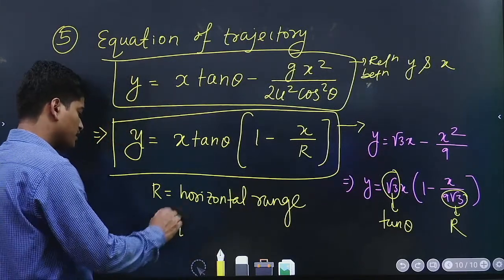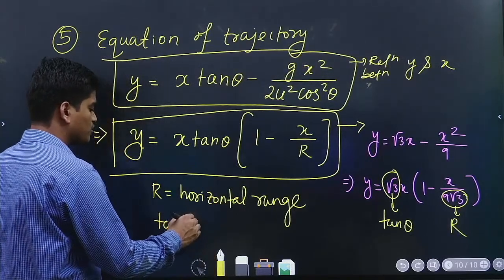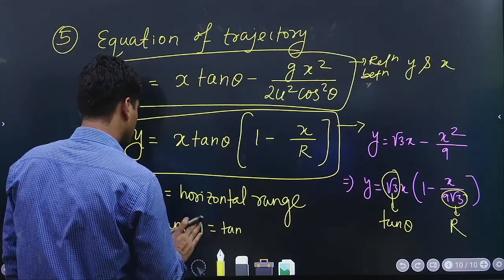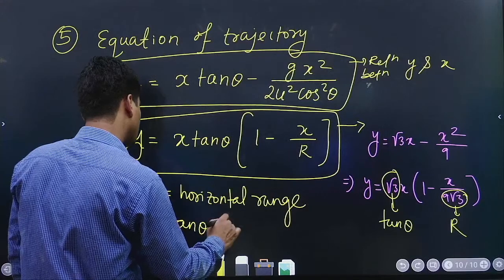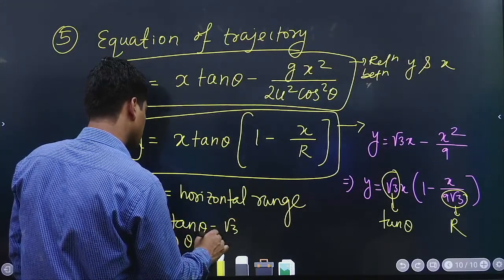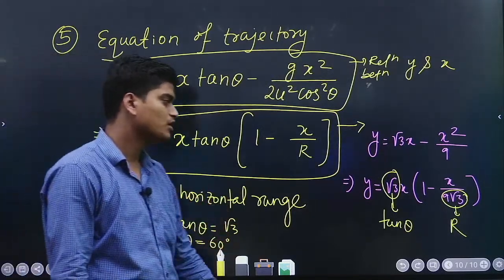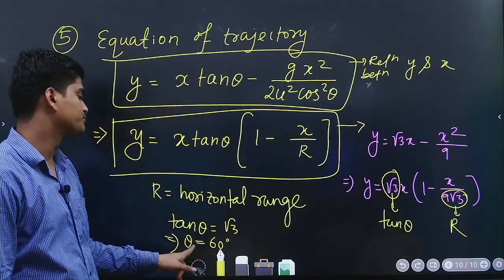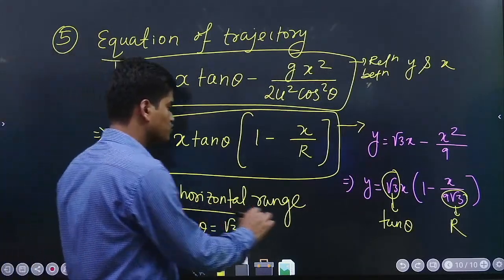Remember tan theta is sin theta by cos theta, so theta is 60 degrees because tan 60 is root 3. Sin 60 is root 3 by 2 and cos 60 is half, so it is root 3. So theta equal to 60 degrees is the angle of projection. This type of question will be there.